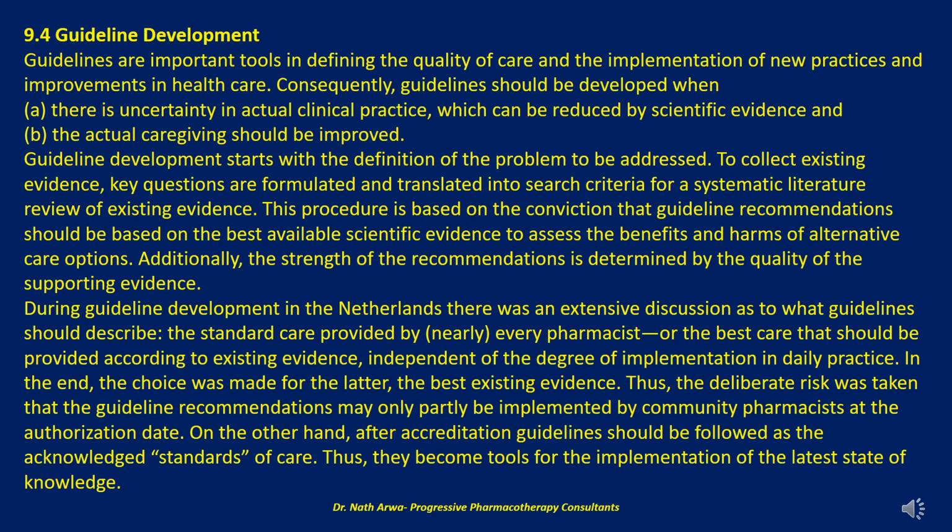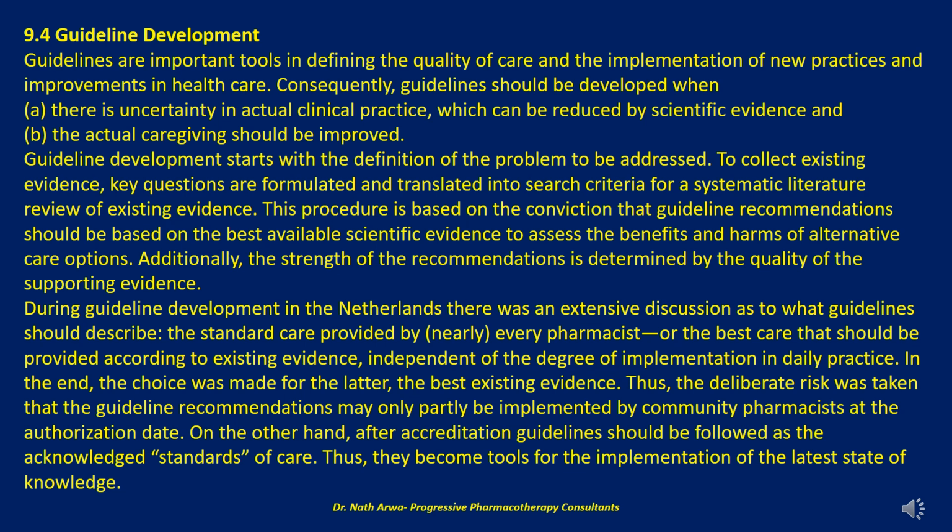During guideline development in the Netherlands, there was an extensive discussion as to what guidelines should describe: the standard care provided by nearly every pharmacist, or the best care that should be provided according to existing evidence, independent of the degree of implementation in daily practice.